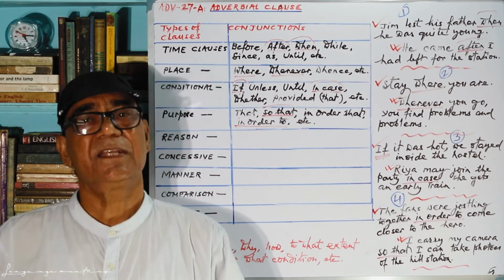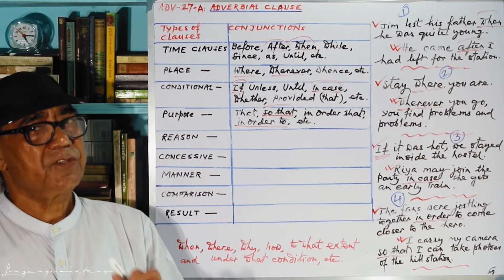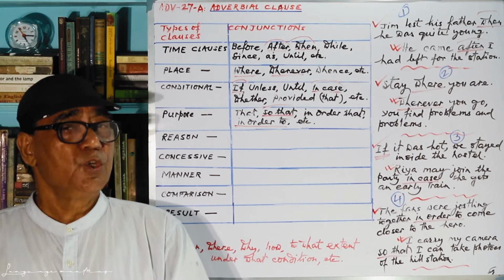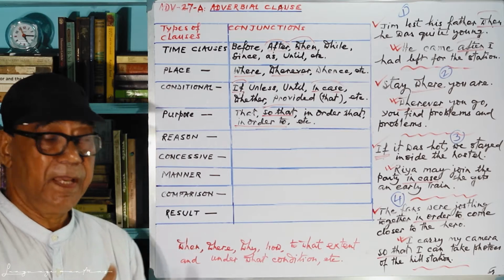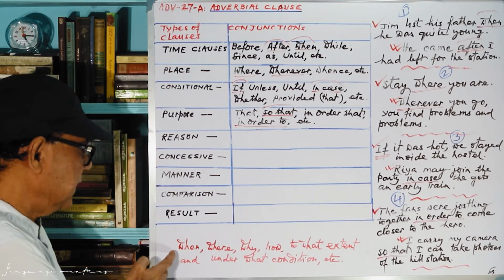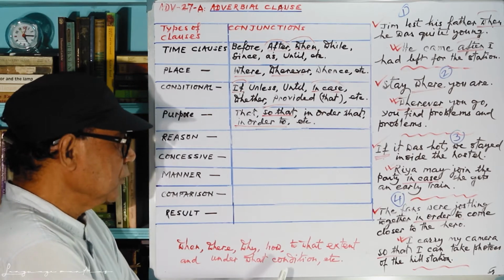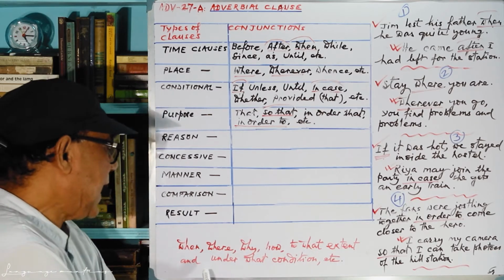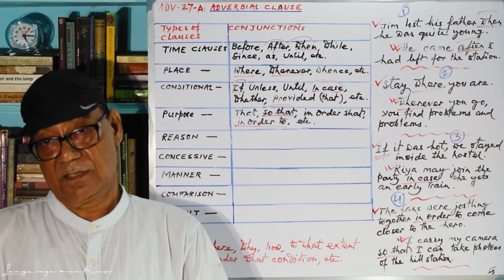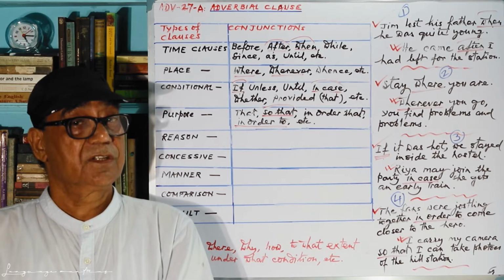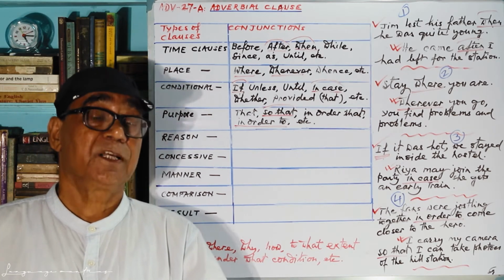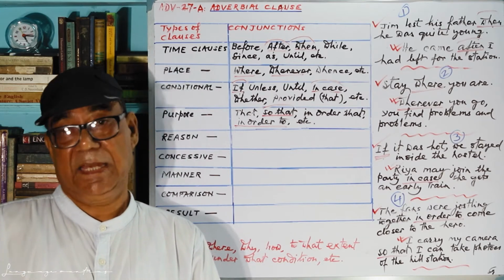If you want to understand adverbial clause, you must try to find an answer to questions beginning with words like when, where, why, how, to what extent, and under what condition. These are the words and phrases with which an adverbial clause normally begins.